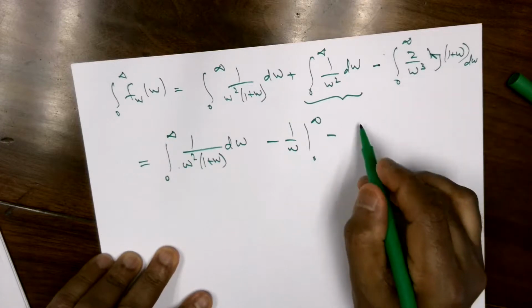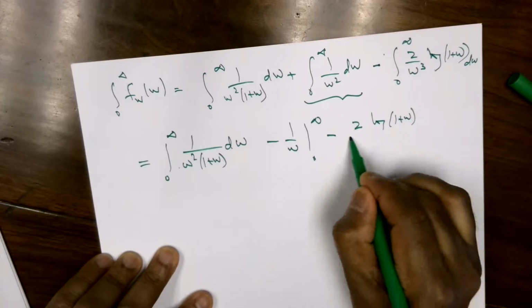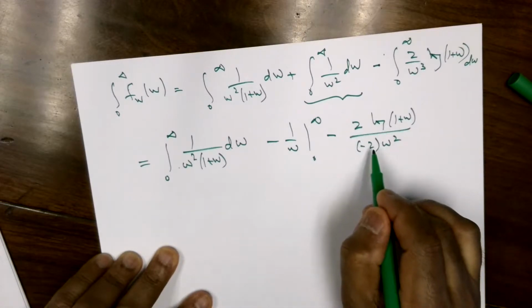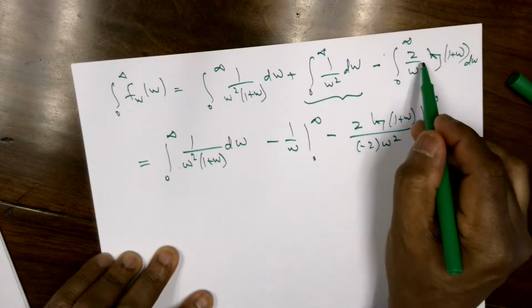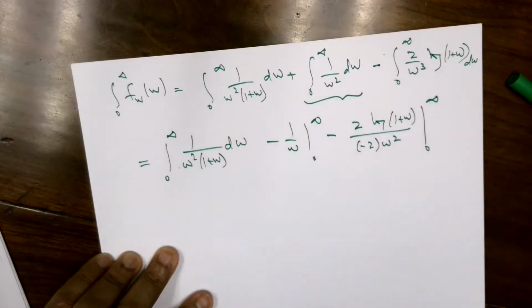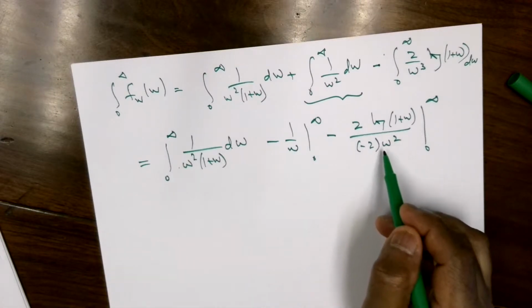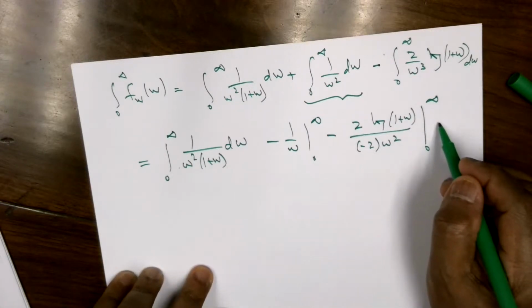Minus, from here, 2 log of 1 plus w, with derivative minus 2 w to the power minus 2, evaluated at 0 to infinity.